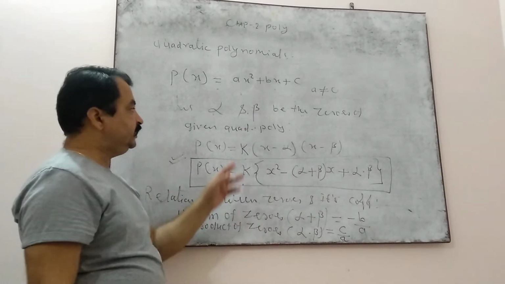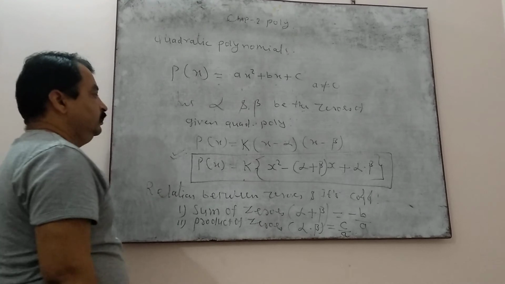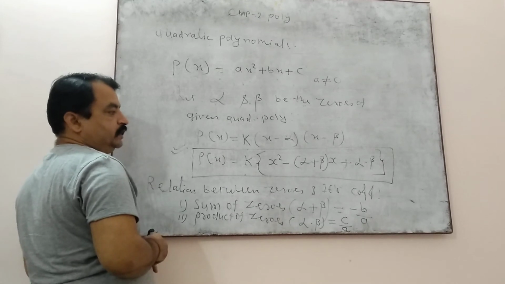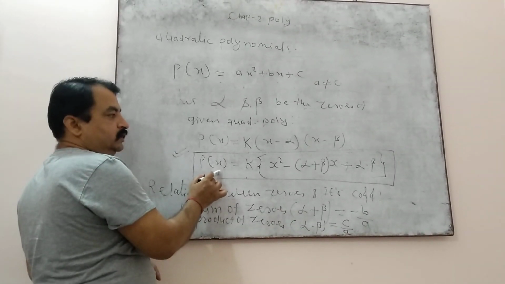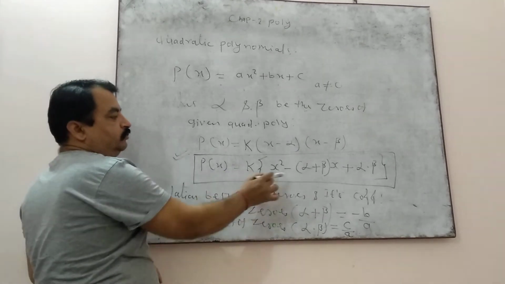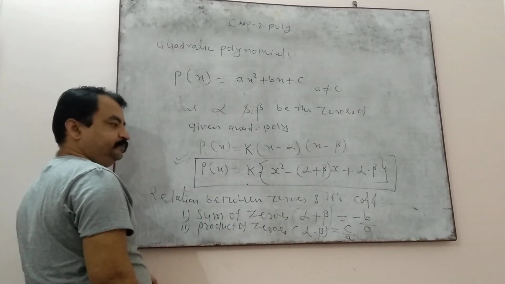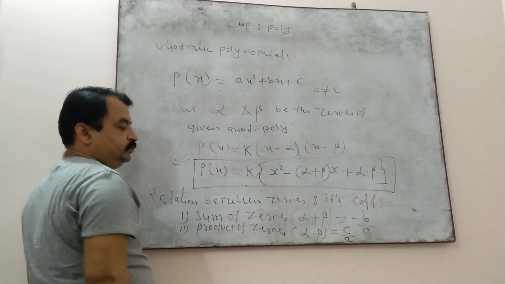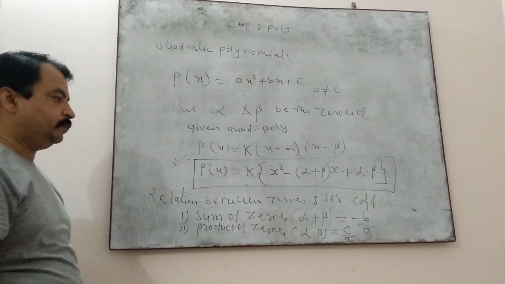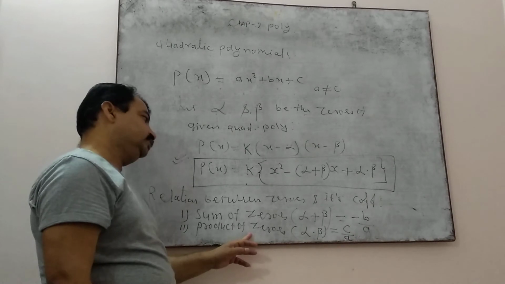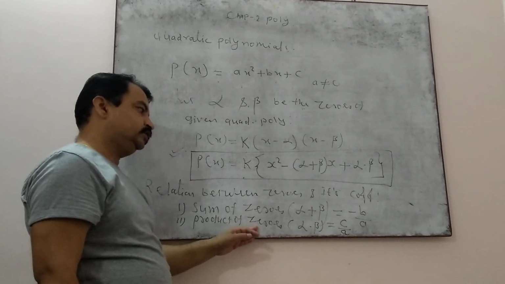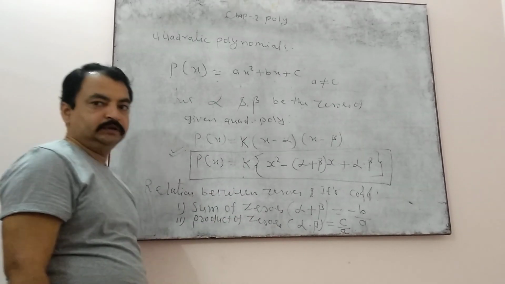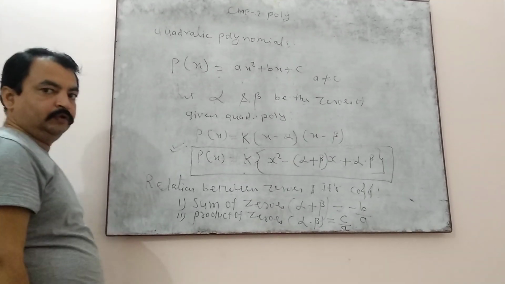Of course, for a quadratic we get two zeros, and if the zeros are given, that is, the values of x are given to us, then by using this formula directly we can make the quadratic polynomial, right? And we can verify the result also by using this relation, the sum of zeros and the product of zeros. Clear? And this will also help us to make a new polynomial if some other zeros are given to us. Clear? Okay.